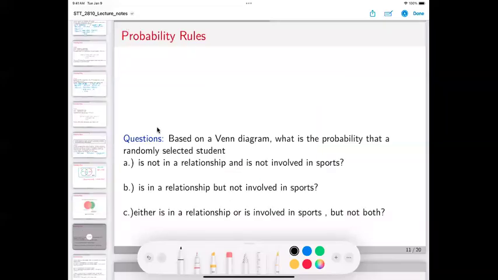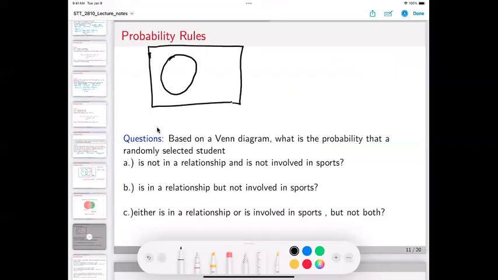So now let's learn to answer some questions based on the Venn diagram. So let me put the Venn diagram here again. So this is the first, and then we have two circles. And then this is relationship, this is sports.